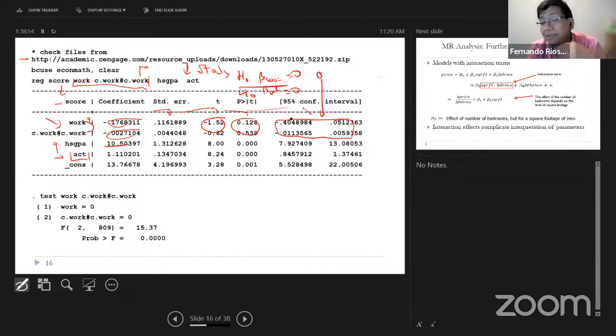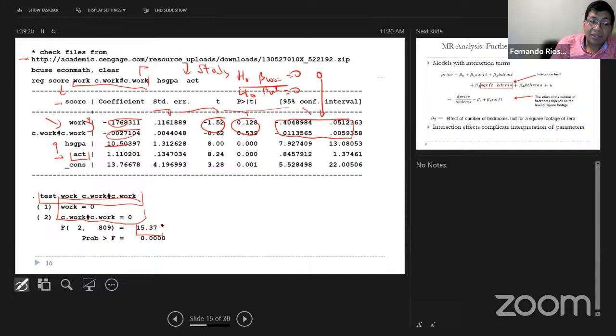So what's the alternative? The alternative would be to run a joint hypothesis of whether work and work squared are both simultaneously equal to 0. So is that the case? I actually ran this, and you can do that both ways, either using the t-test like I did right now, or using the F-statistic construction as I mentioned last week.